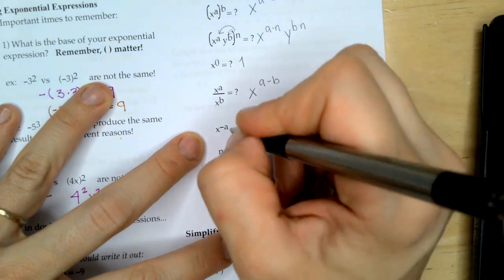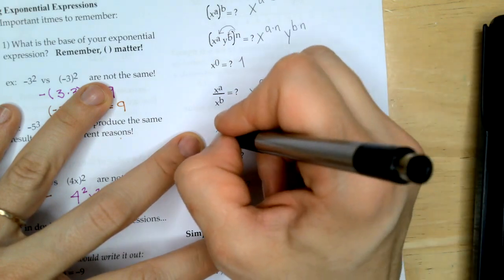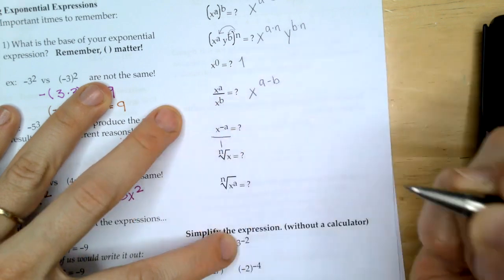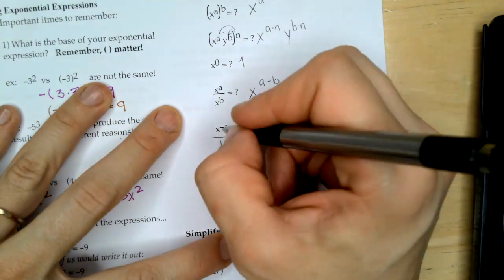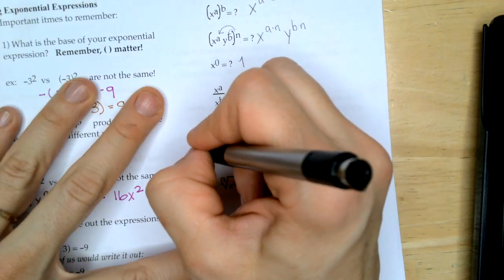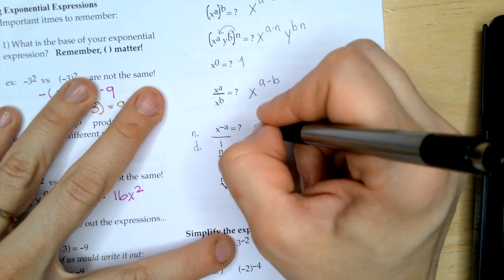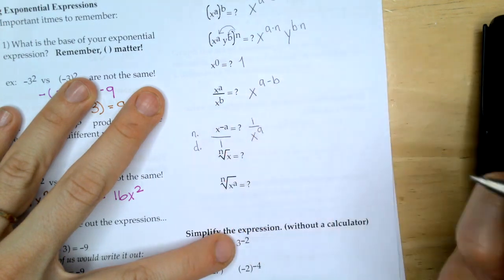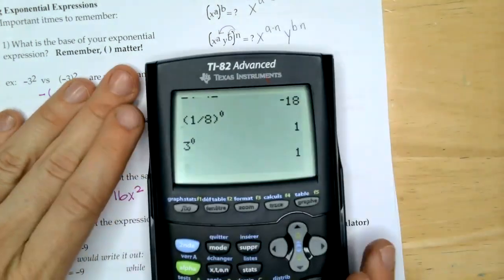So if your exponent is negative, move your base and exponent across the fraction bar to make it positive. This is a negative. It's now in the numerator. If you move it down to the denominator, that exponent becomes positive. Okay, let me show you.